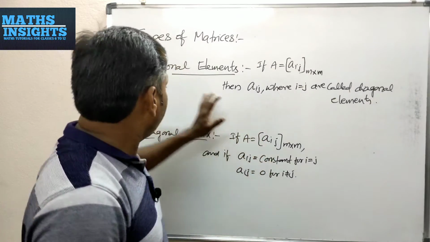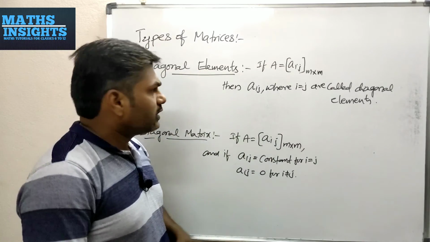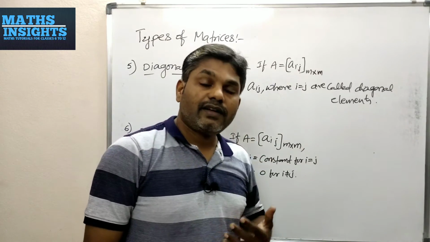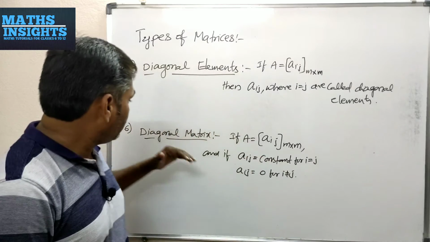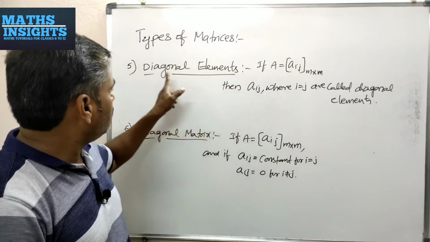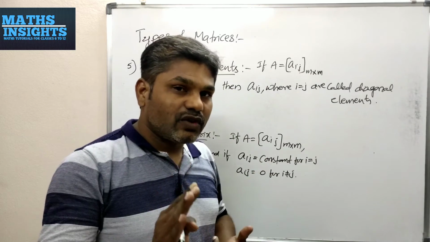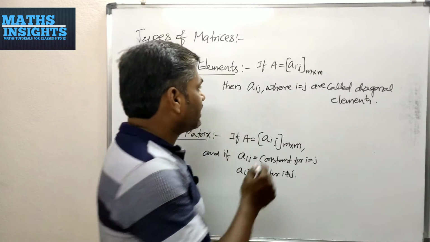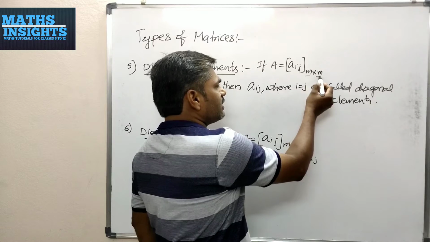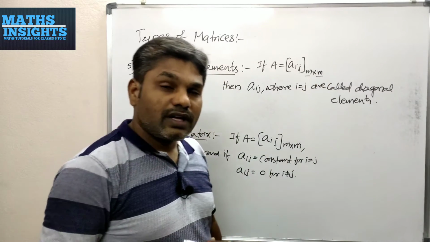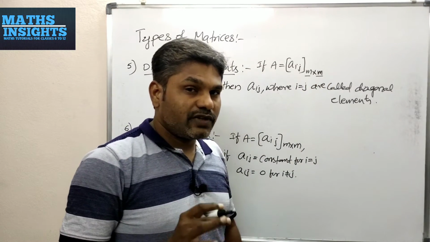If you see the fifth one, diagonal elements. See what is meant by diagonal elements. Before defining the diagonal matrix, you have to know what is meant by diagonal elements. It's very simple. In any square matrix, keep in your mind, since the number of rows is equal to the number of columns, that is said to be a square matrix.